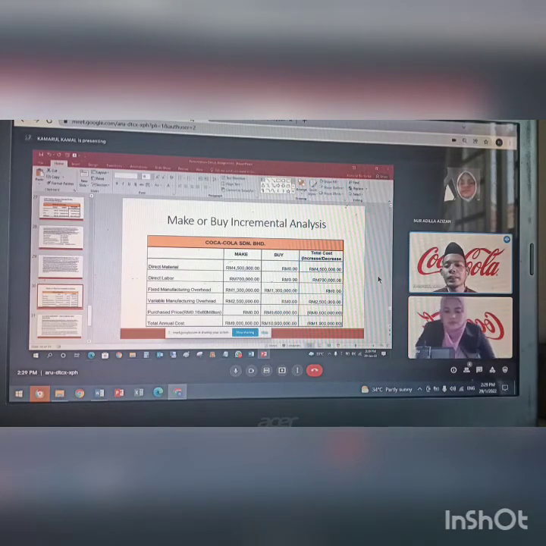So the total is 10.9 million. So this 10.9 million deduct with the make cost, which is 9 million, we will incur more cost, which is around 1.9 million. So if we make, we will save 1.9 million rather than we outsource the label.